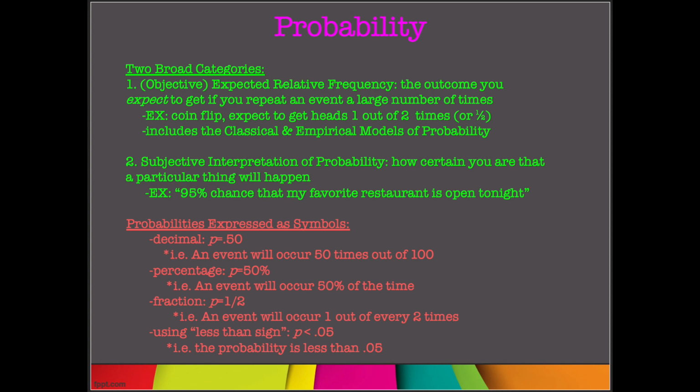Once we get to chapter 7 and 8, that's going to be our go-to probability symbolic representation. But for now, I just want to introduce you to it. This is an example of p less than 0.05, and this means that the probability is less than 0.05. We're going to use that in hypothesis testing. You'll see that coming up more. But for this chapter, we're going to work mostly with probabilities as decimals.